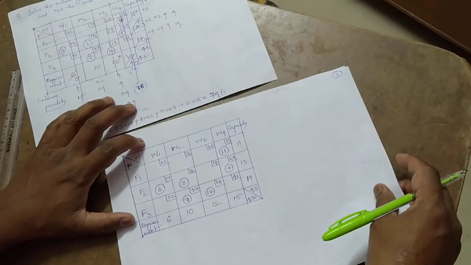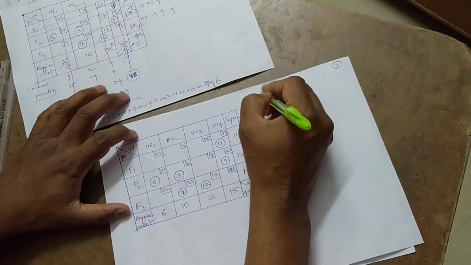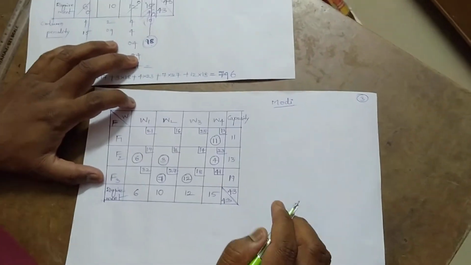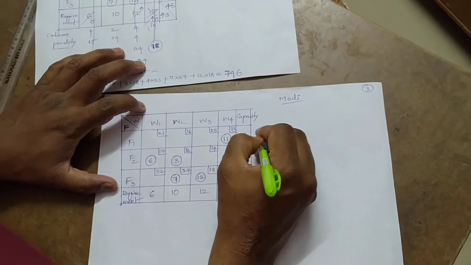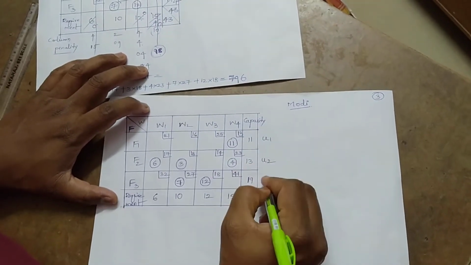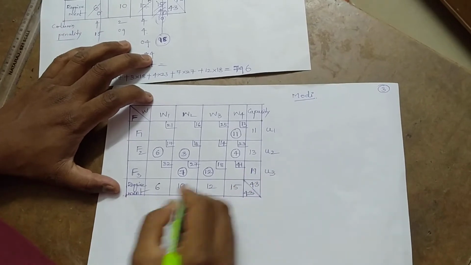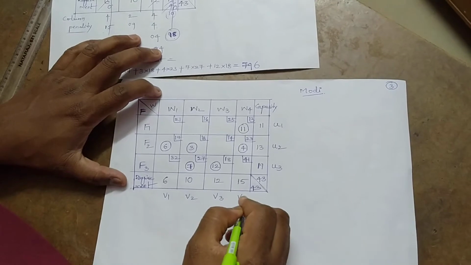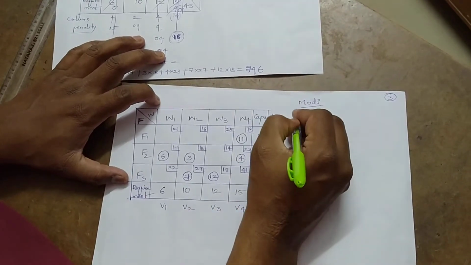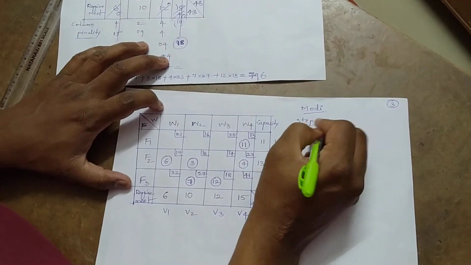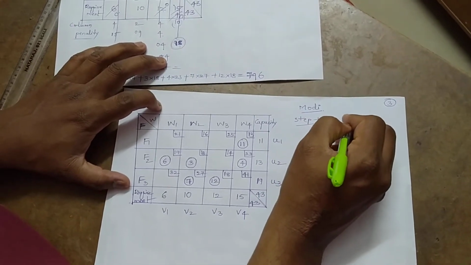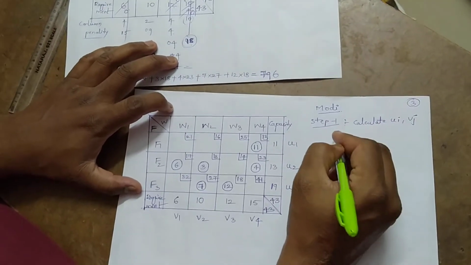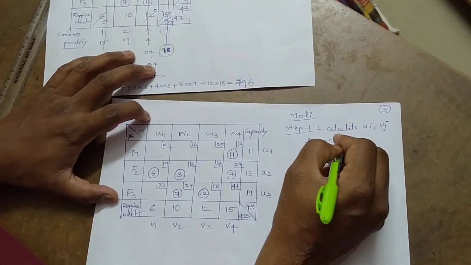Now here, in order to adopt the MODI method, we have to follow one particular procedure. In step 1 we need to calculate u and v. Take u1, u2, u3, v1, v2, v3 and v4. Step 1 is to calculate ui and vj for occupied cells.